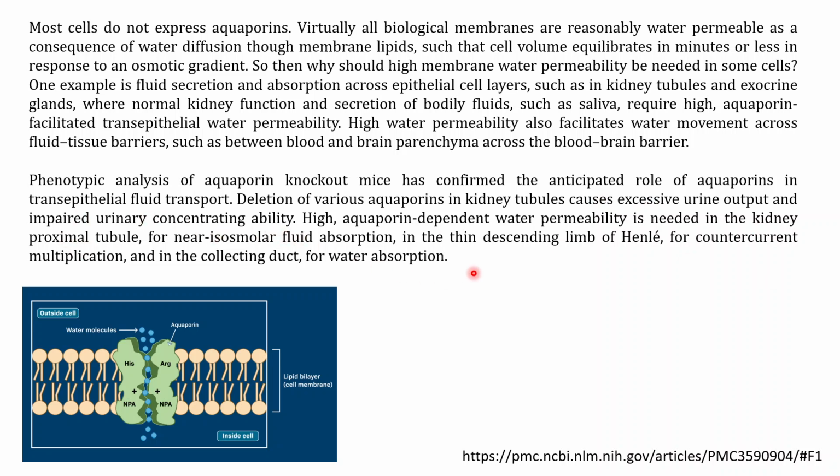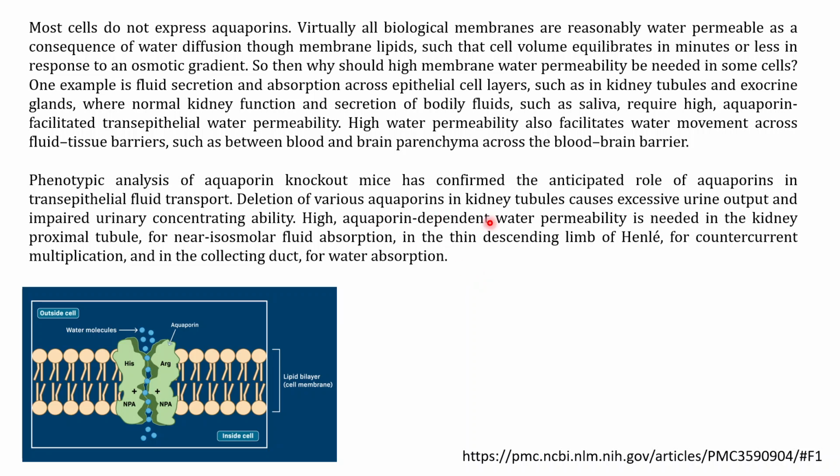Meaning that in the kidney you need high water permeability because you need to have proper fluid reabsorption and proper ability to uptake the correct amount of water or secrete the correct amount of water to have regulated dilution or concentration of urine and regulated uptake and maintenance of osmolarity of blood, right?